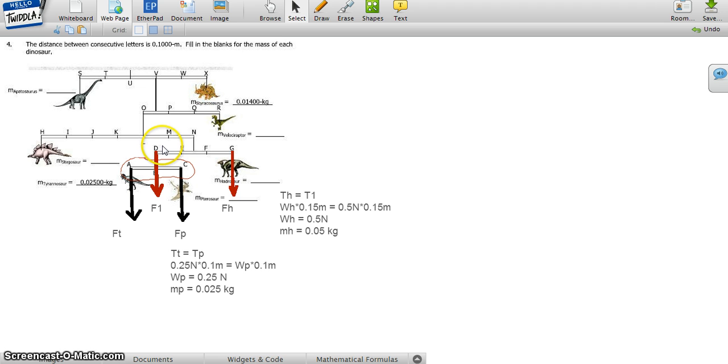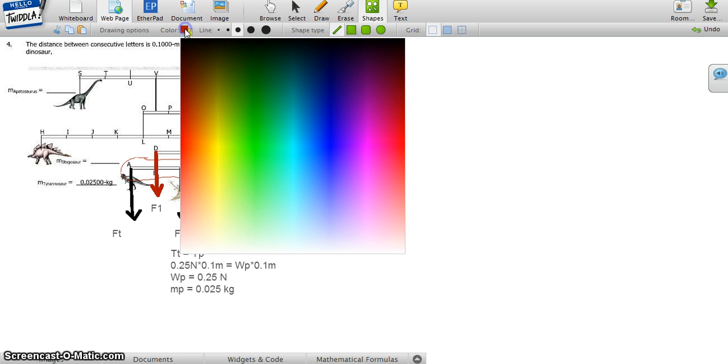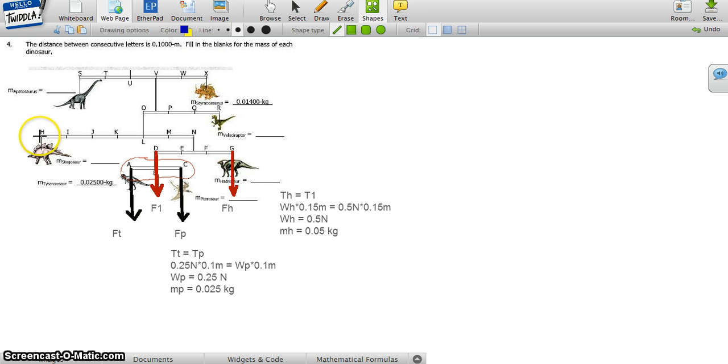Let's go ahead and work on the stegosaur. Again, the torque from the stegosaur has to be equal to the torque from all of this down here. Okay, so let's see here. There's going to be a force from the stegosaur this way. And then all of this will create a weight force down, and it acts right here.